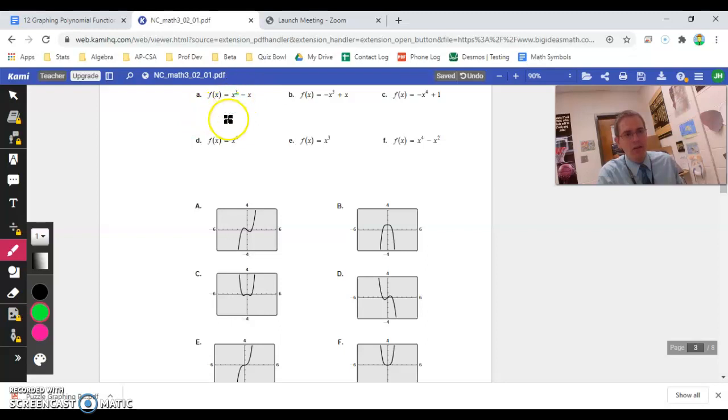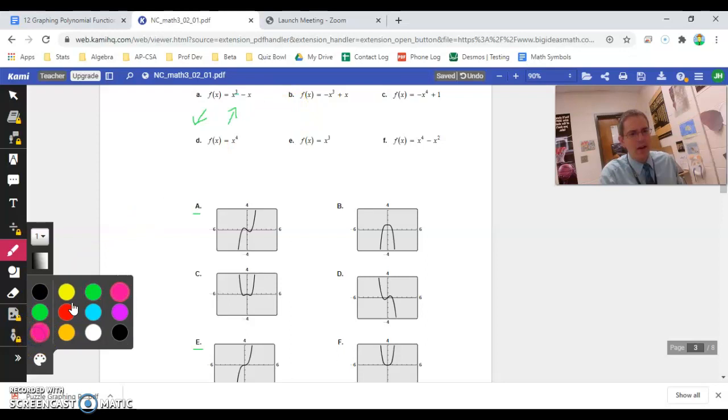So in other words, if it's odd, if one side is going up, the other side will be going down. So in this case, I would be looking for a graph that goes up and down. So this is a possibility, as is this one here. Those are the only two possibilities for graph A. We'll come back and talk about how to make a final decision between those two in a minute.